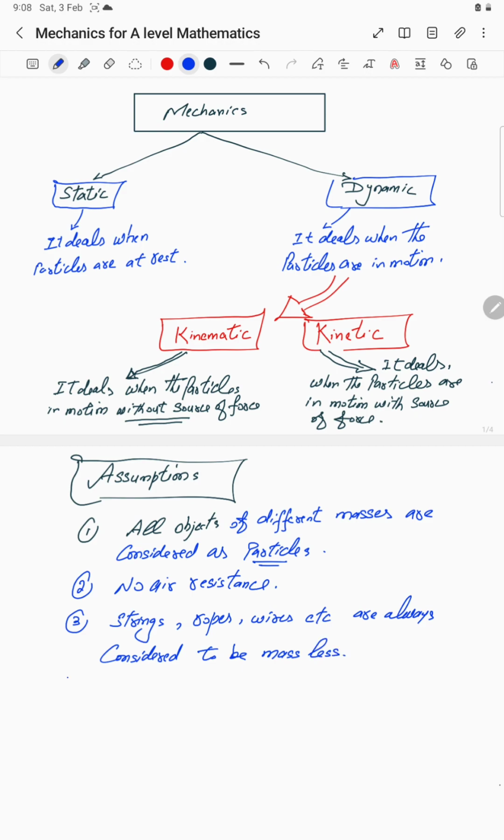And the fourth one, last but not the least, there will be no extension in wires or strings, etc. And one more: a pulley, or more than one pulley, will be considered frictionless.